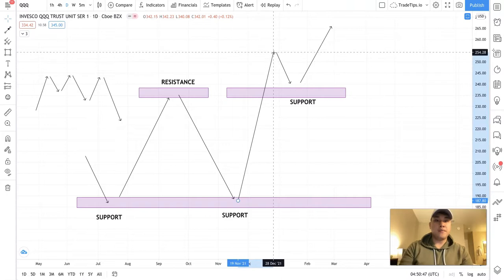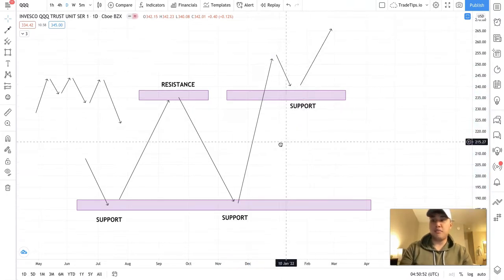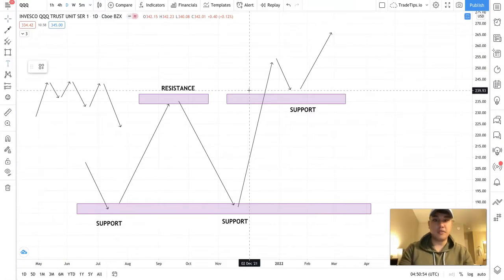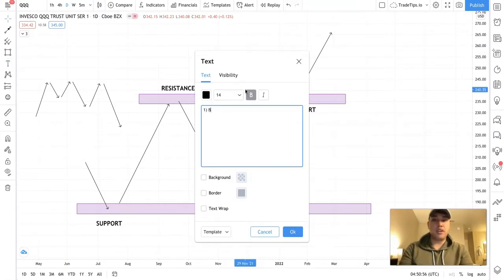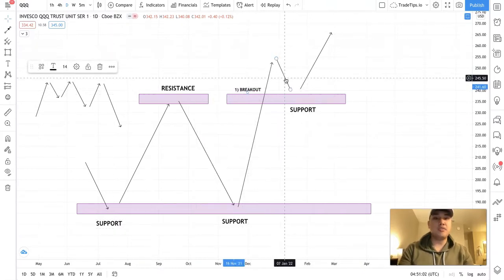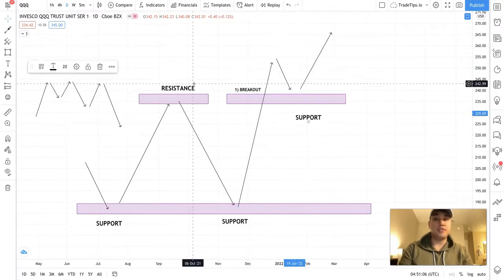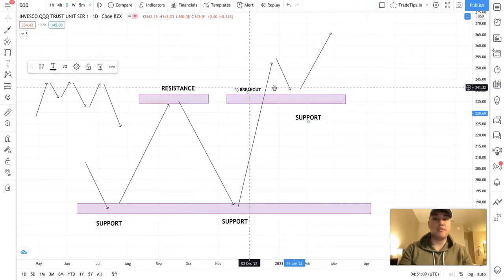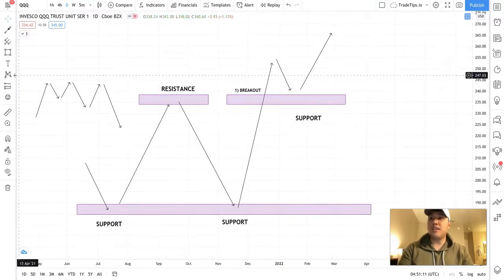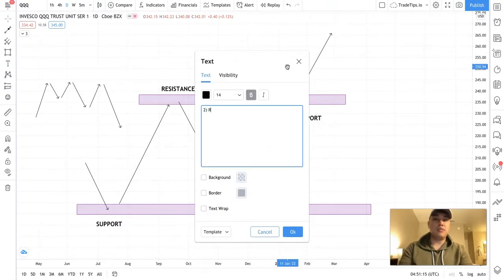When it comes to a breakout, I actually label these into 3 phases. The first phase, of course, is going to be the breakout. In the breakout phase, we want to see if price truly breaks out and crosses above the zone that was super important for us before. The next important phase is what I call the retest.